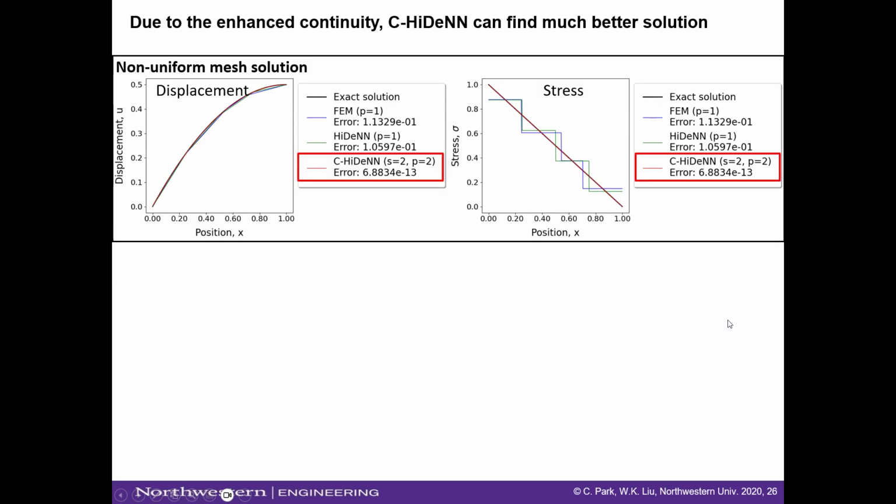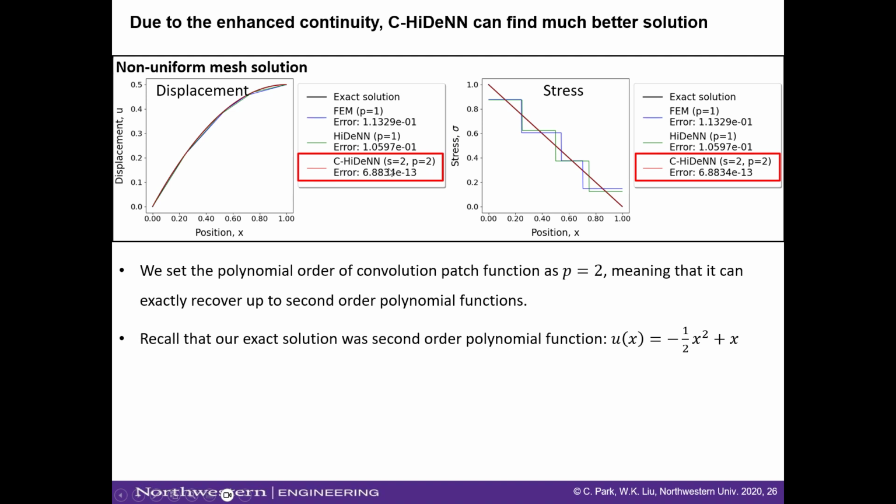Based on this setup, we want to solve the same problem with C-HiDeNN, but with patch size s equals 2 and polynomial order, the nonlinearity of our interpolation, as 2, which means we can reproduce up to second-order polynomials. Because C-HiDeNN can reproduce up to second-order polynomials, the error of C-HiDeNN approaches almost machine error, very accurate.